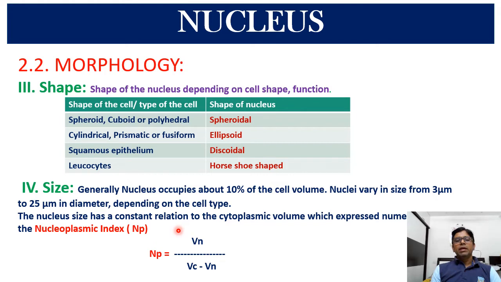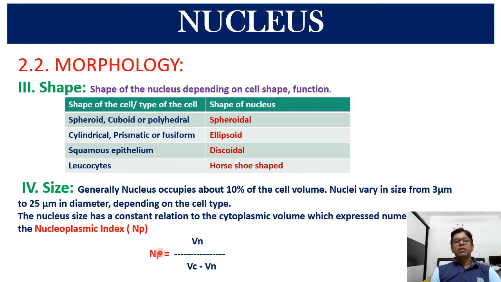We can calculate it using the following formula: NP = Vn / (Vc - Vn), where NP is the nucleoplasmic index, Vn is the volume of the nucleus, and Vc is the volume of the cytoplasm. With the help of this formula, one can measure the size of the nucleus of the cells.